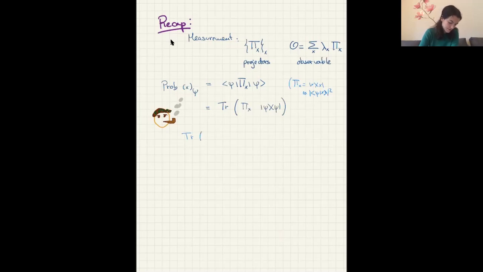The trace of a matrix A is just, we take a basis. So we take K to be an orthonormal basis.